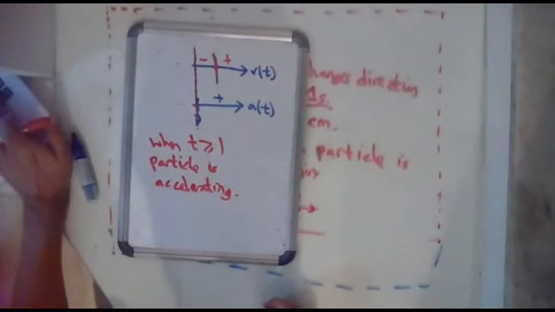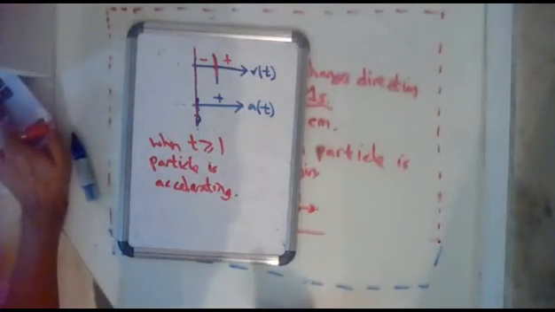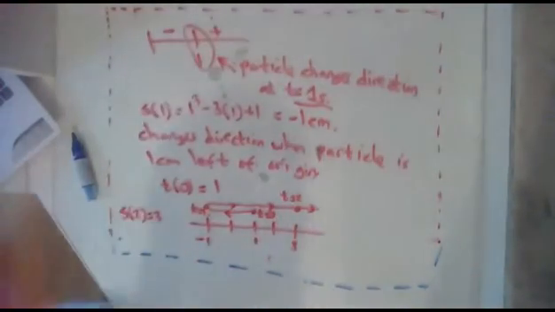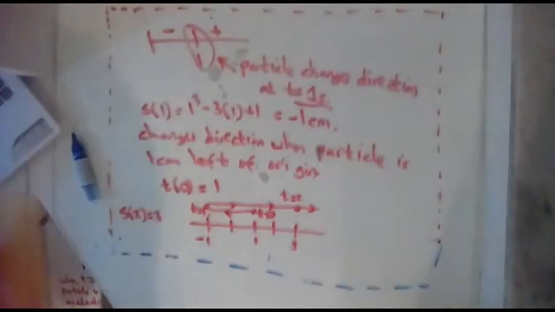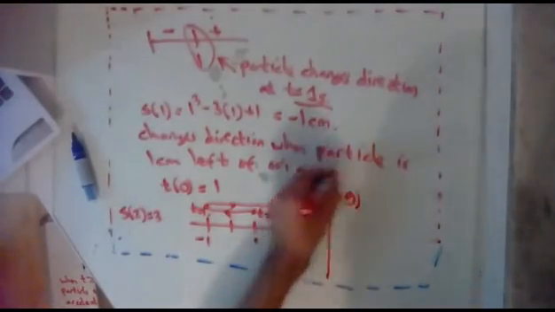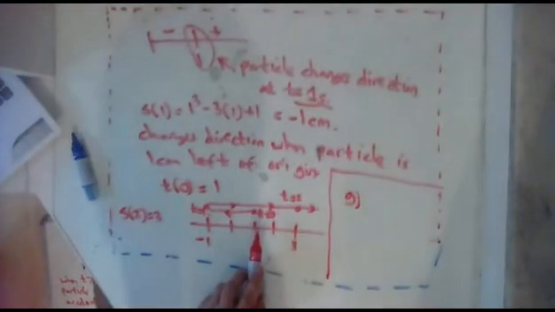And is there one more part to this huge question? What is the total distance travelled from t equals 0 to t equals 2? So total distance. Fortunately, this is part G, right? Fortunately, I haven't rubbed this out yet, so I still have this diagram.